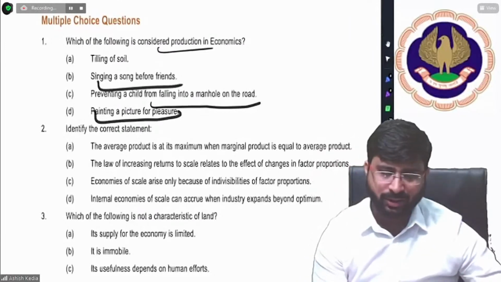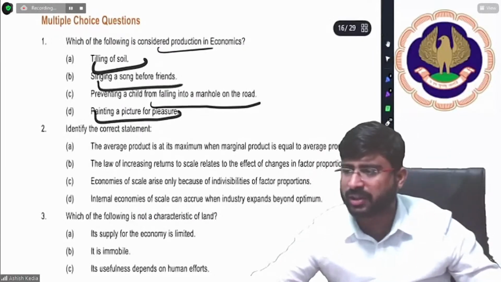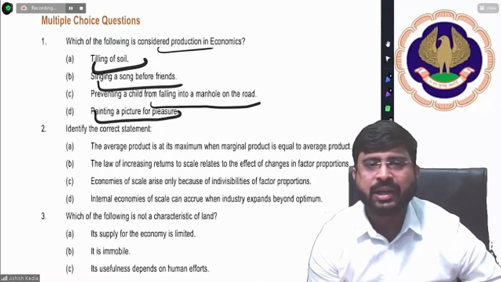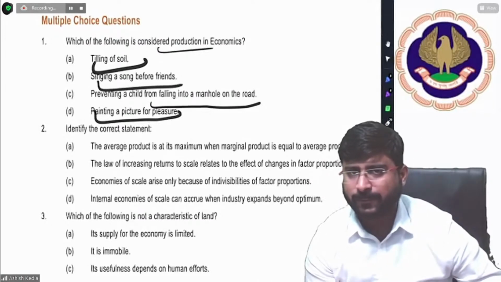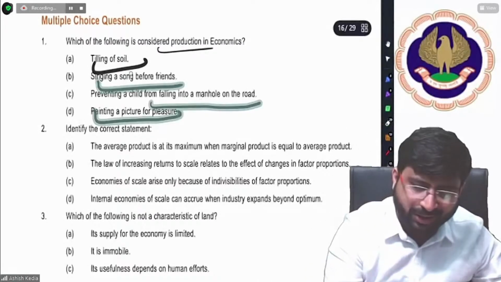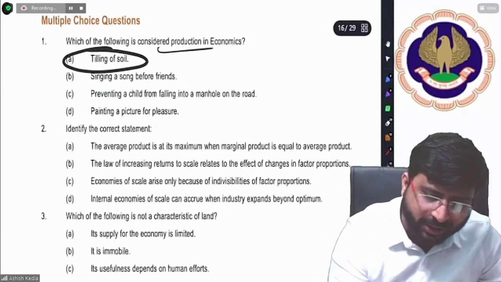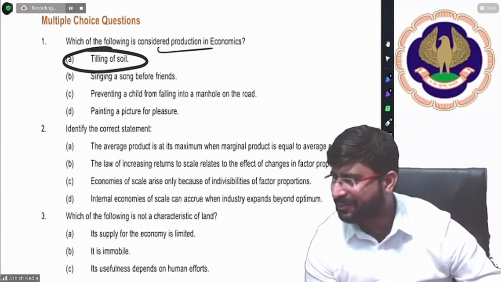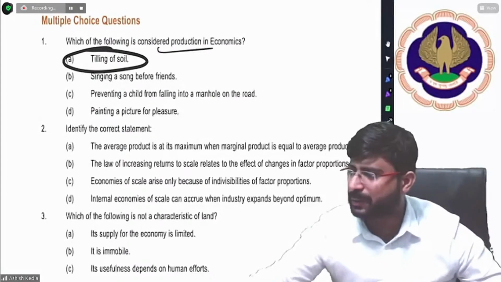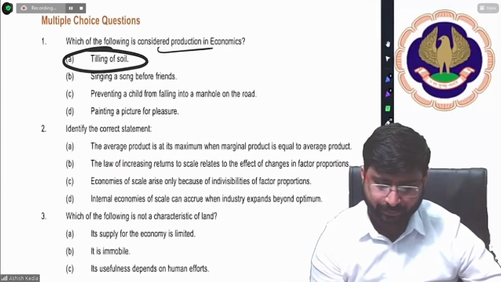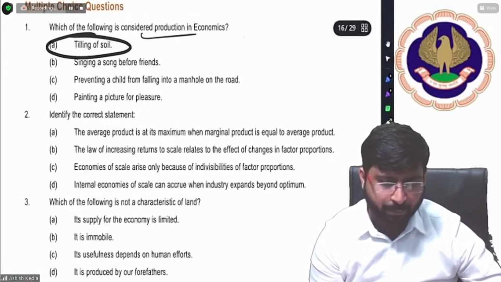Production implies creating some kind of utility and something of value. It's only done in case 1, when you are tilling the soil. So that is production. Some kind of service is being rendered here. So A.